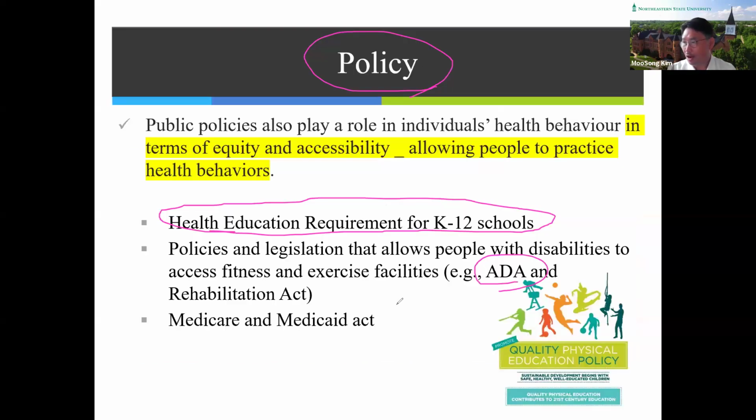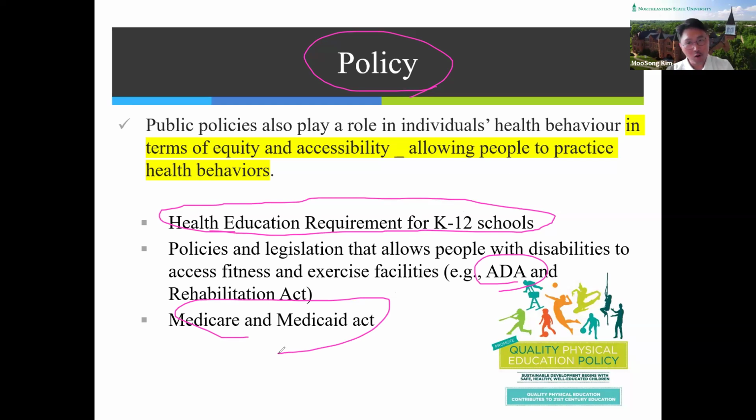So that allows people who use wheelchairs to access fitness centers and health clinics. This policy also allows all people, regardless of their status, to have the same opportunity to engage in health behavior, right? The Medicare and Medicaid Act is also a kind of public insurance policy.